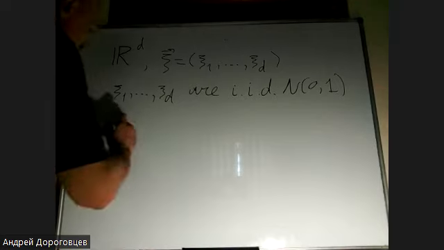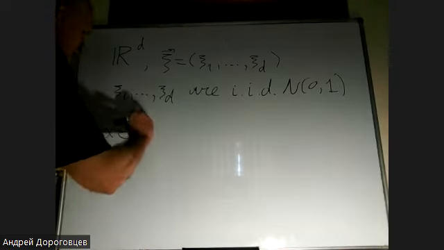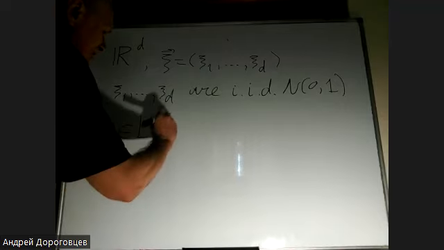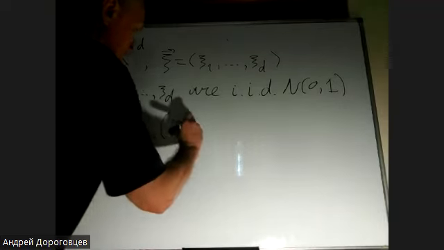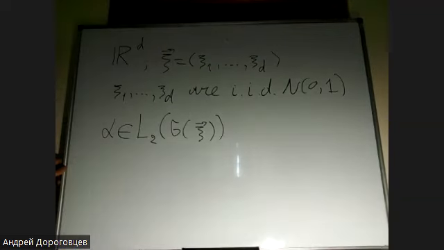So if we have a random variable α, which belongs to L2(σ(ξ)), then we are asking about its expansion with respect to orthogonal polynomials with respect to this random vector ξ.